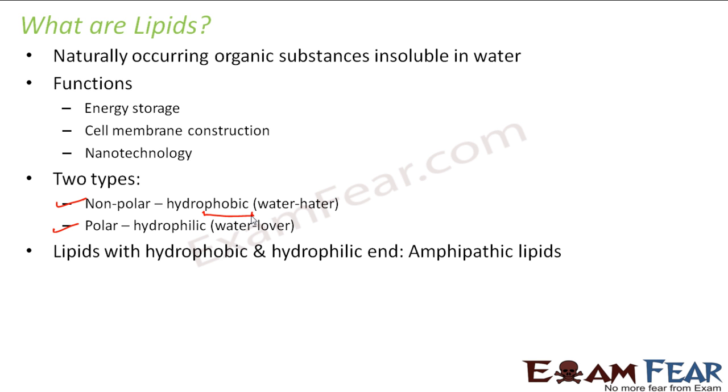That means one end hates water, the other end loves water. Such lipids are known as amphipathic lipids. Amphi means both. When I talk about the cell membrane structure, we will actually talk about amphipathic lipids.